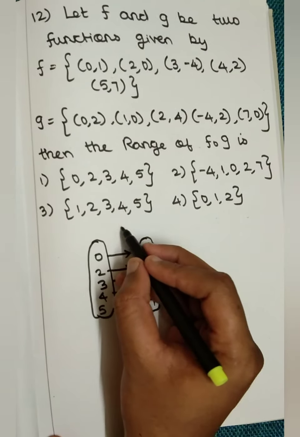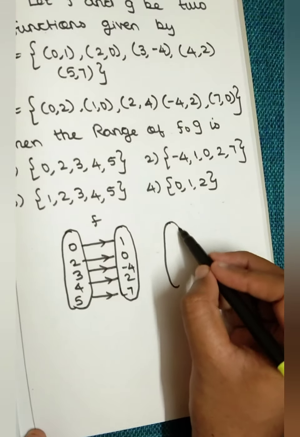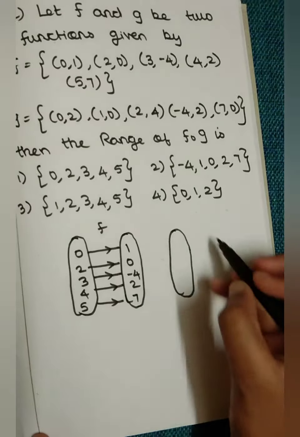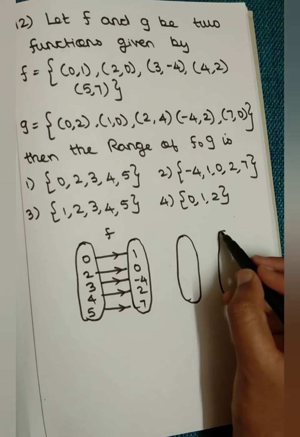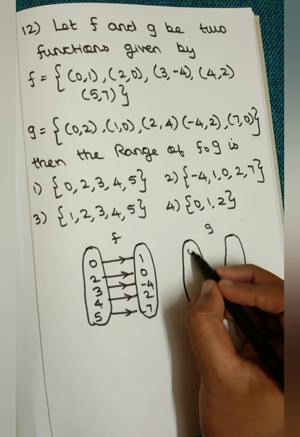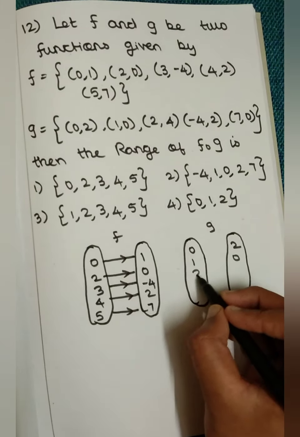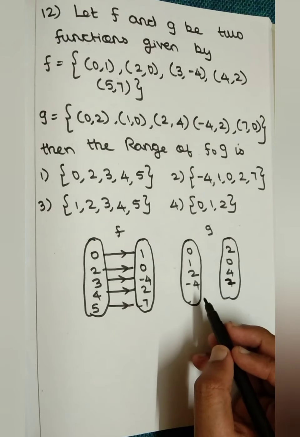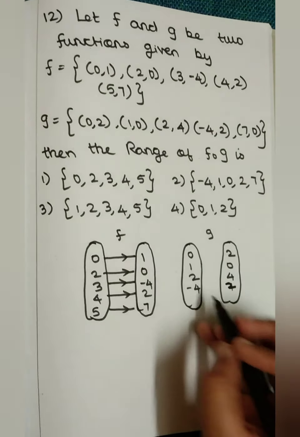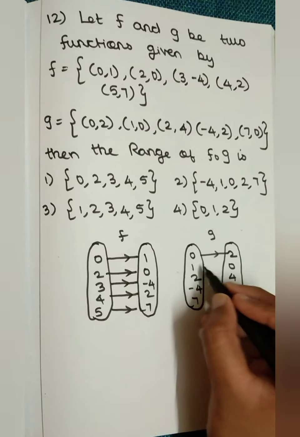This is the function f. Similarly for g, 0 maps to 2, 1 maps to 0, 2 maps to 4, -4 maps to 2 and 7 maps to 0.